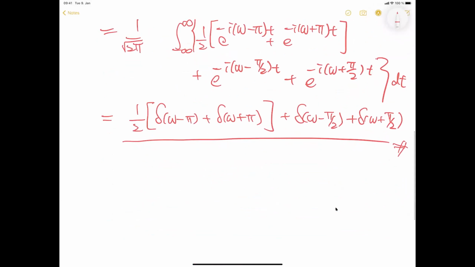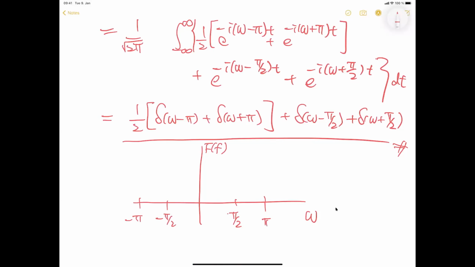And if you try to plot this in the frequency domain, this is omega, and this is F of omega. You can see here is pi over 2, this is pi, this is minus pi over 2, this is minus pi.